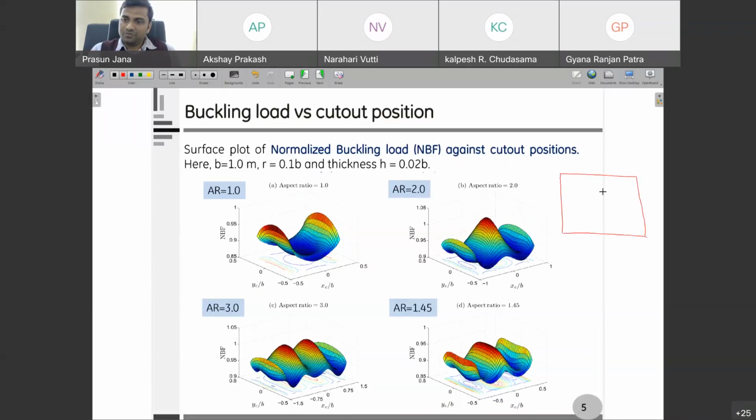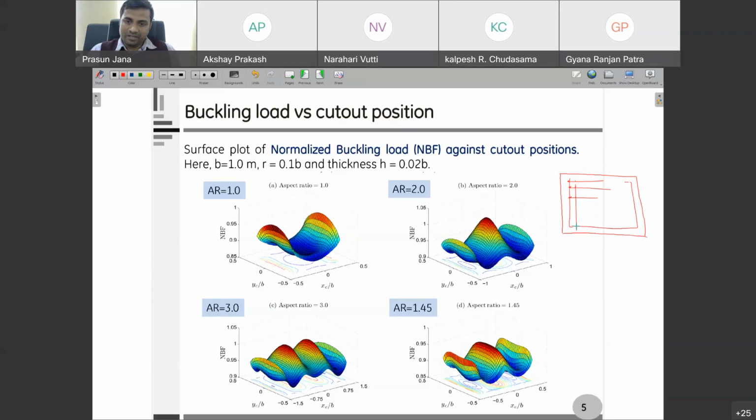Using a design of experiments study, we have made some grids, and at each grid point we have placed the center of the cutout and found the normalized buckling load. This is done all through the plate.